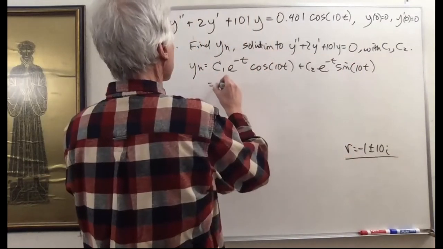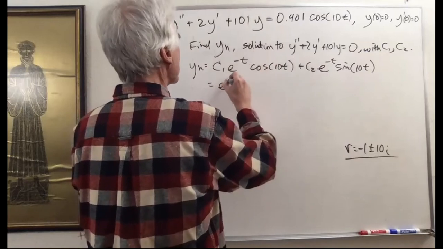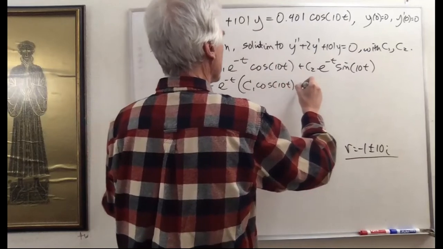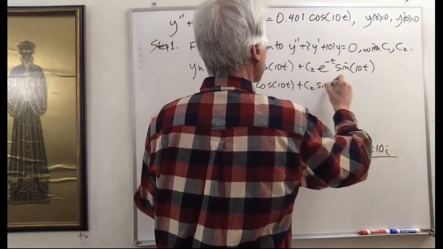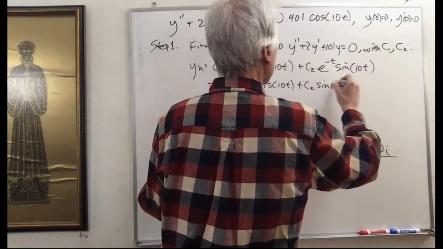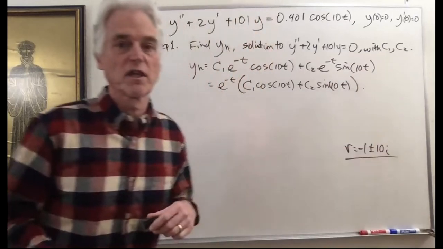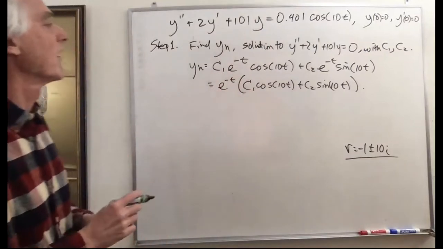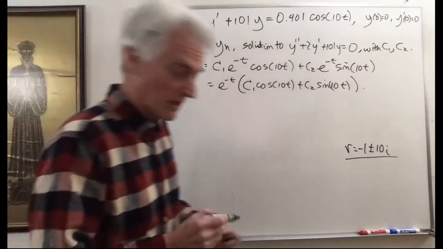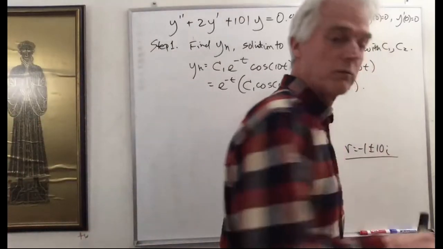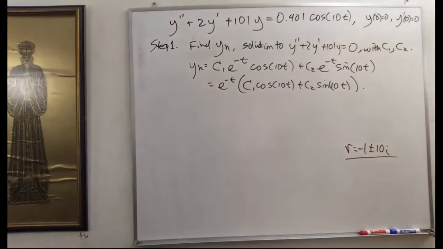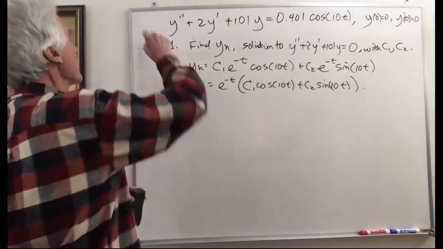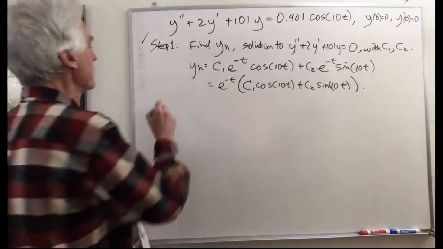And I kind of like factoring out the e to the minus t times C1 cos 10t plus C2 sine 10t. If I type this in, I've got to write the e to the minus t only once. So that's step 1 done. Cool. A third of the way through. Okay, step 2.